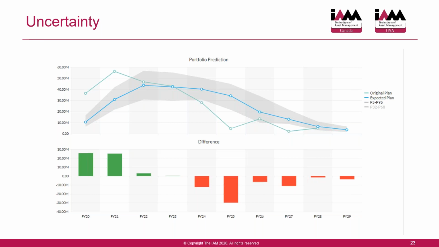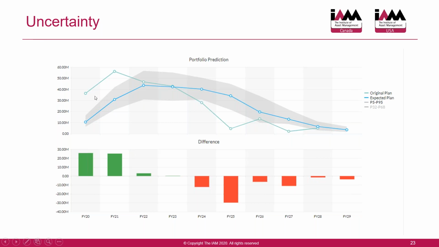Again, recognizing this is a business problem, one of the most valuable outputs we found are business outputs. And one of the things of great interest to an organization is the uncertainty in spend. Because of uncertainty in the world around us, the spend required to execute our asset management plan will be uncertain. Projects get delayed or accelerated, unexpected failures occur, and projects prove more complex to execute than anticipated.